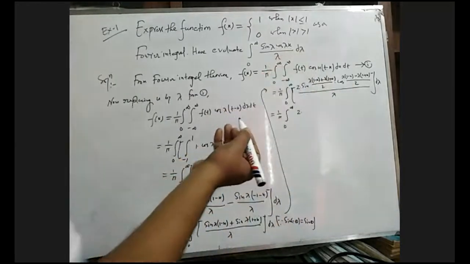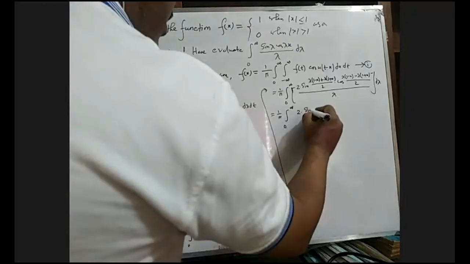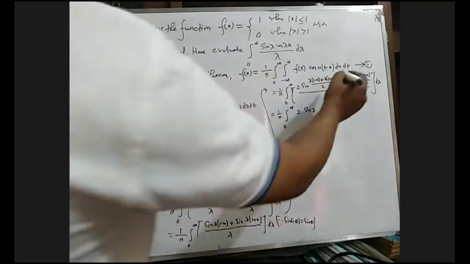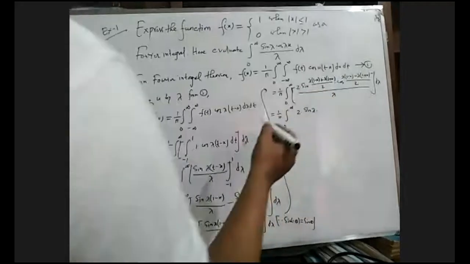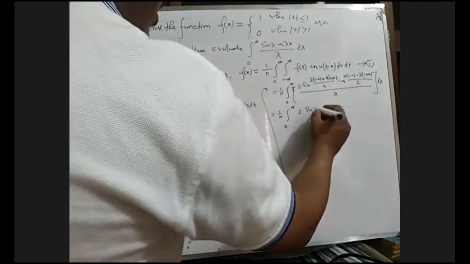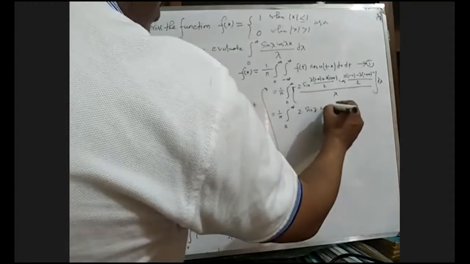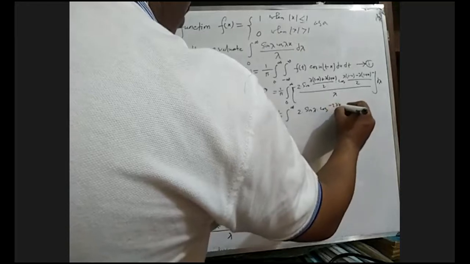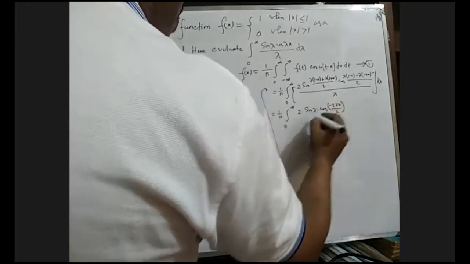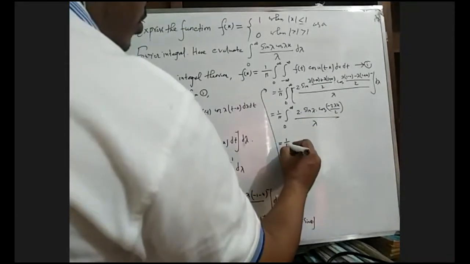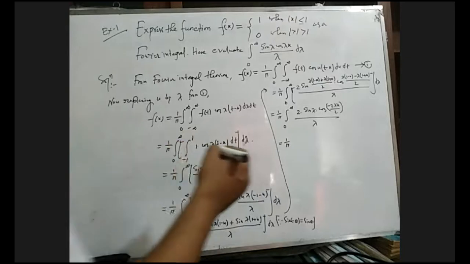Lambda x will be cancelled, so we get sine twice lambda by 2, that means sine lambda. And from here, minus lambda x minus lambda x, minus 2 lambda x divided by 2, that means only cos of minus 2 lambda x divided by 2, divided by lambda.